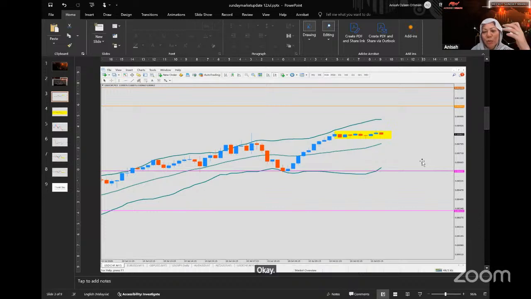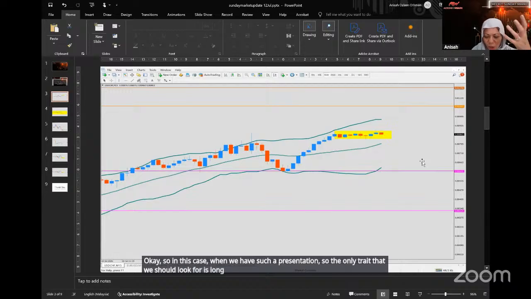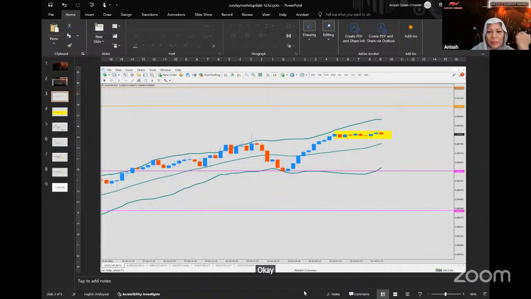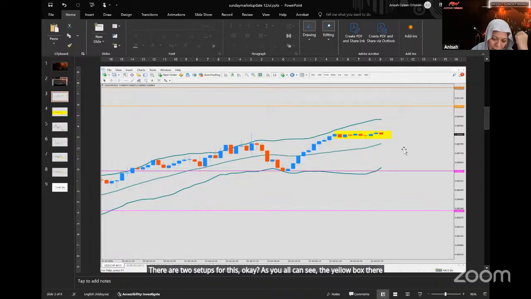In this case, the only trade that we should look for is longs, because all time frames are aligned upward. There are two setups for this, as you can see at the yellow box there. For this chart, I would suggest to go long when the price breaks out of the rectangle.